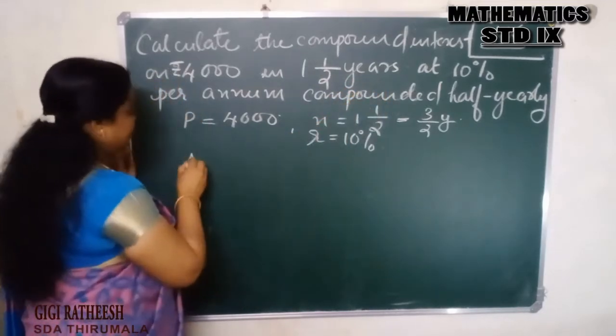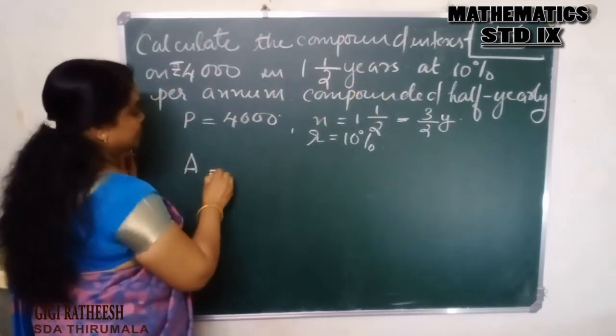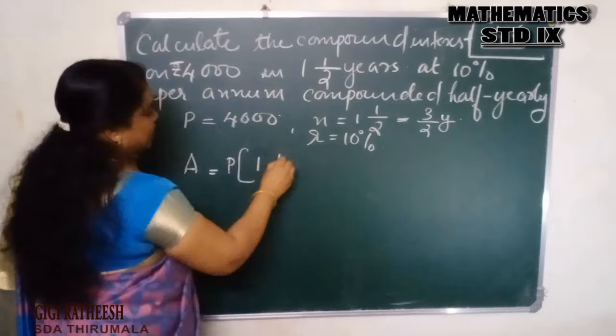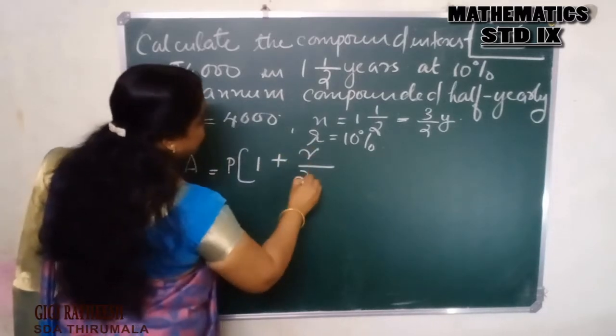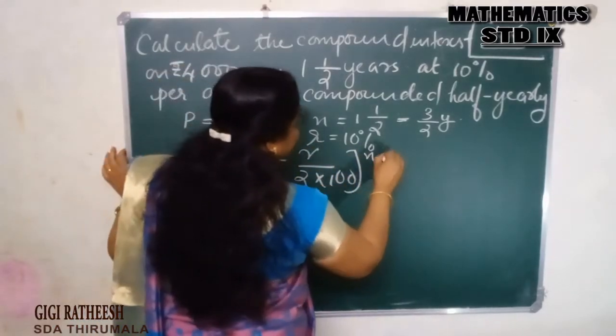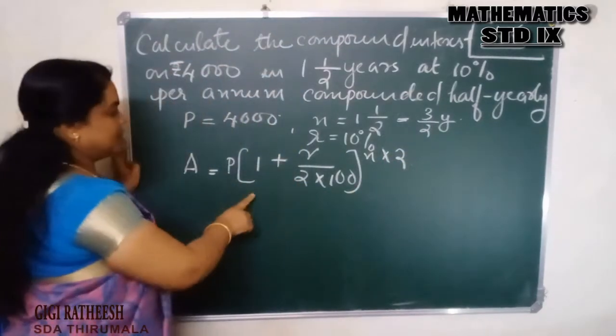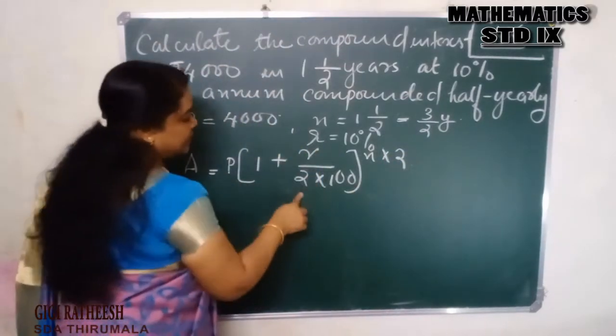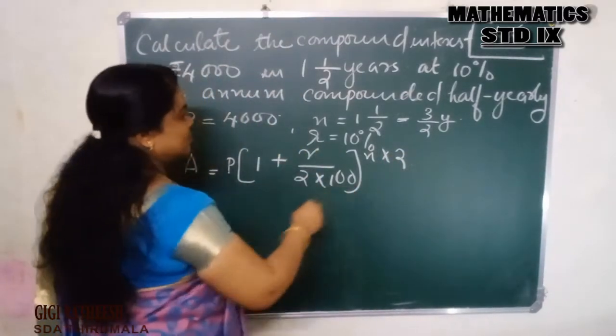For calculating half yearly, A is equal to P into 1 plus R by 2 into 100 the whole raised to N into 2.